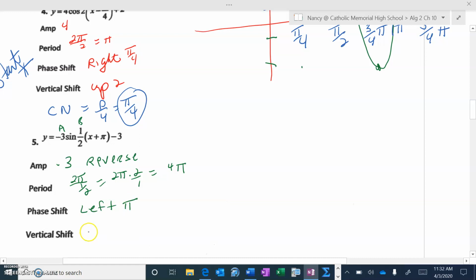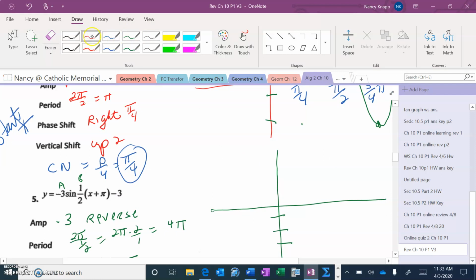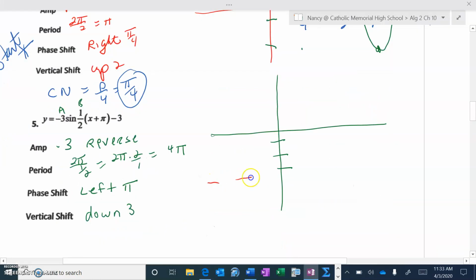And then my vertical shift is down 3. So I'm going to have a new axis down 3. So I'm going to graph down 3. And my phase shift is, and remember, for sine and cos, this is where you start. So I'm going to start at -pi.